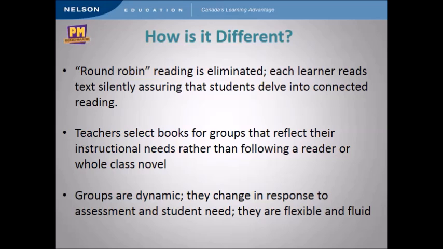But over time, some of the students may move on to the next level, and they may now have really met the need to look at visual cues. So they may no longer need to work with that particular group of students. Now I may focus on another strategy with them. The most important thing is that we're constantly observing and assessing these students, and the groups are constantly changing based on their reading level and based on their need.